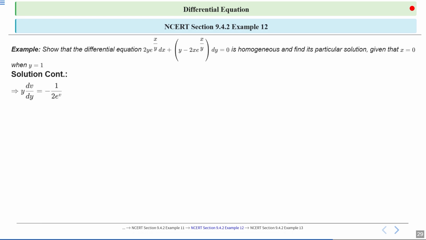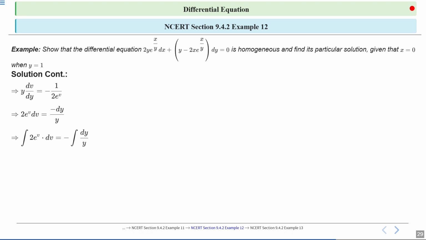So we get y dv/dy = -1 / (2e^v). So just separate, write the terms with v with dv and all the terms with y with dy. So we get 2 e^v dv = -dy/y.